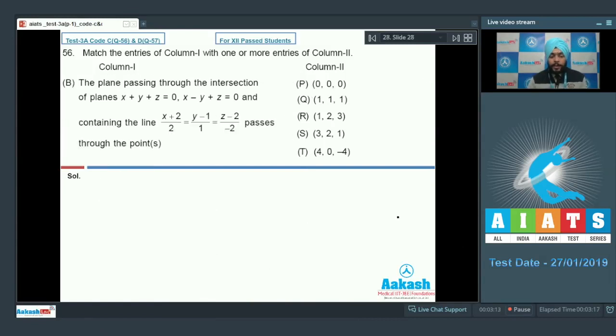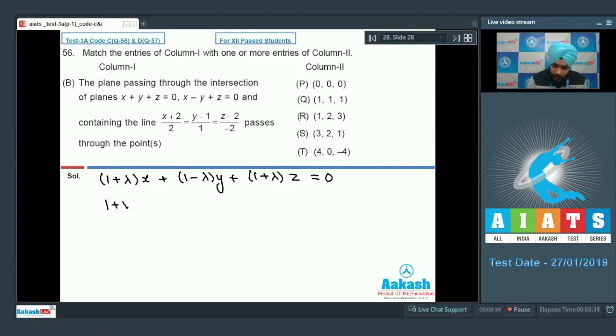Again, the plane passing through intersection of these two planes, same plane, (1 plus lambda) into x plus (1 minus lambda) into y plus (1 plus lambda) into z equals to 0, containing this particular line. So direction ratios of this line and the direction ratios of normal vector are going to be perpendicular. That means the dot product is 0.